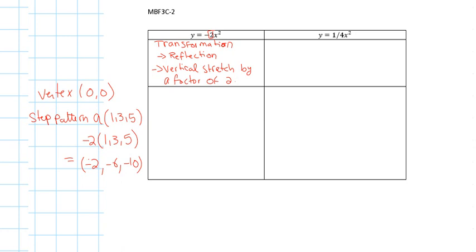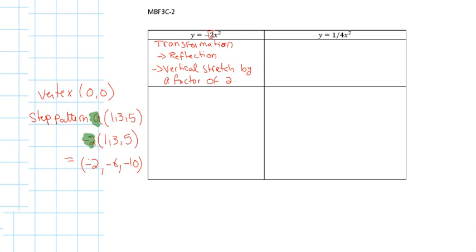I'm going down 10 over 1. So you see that the A value made me go down because I have a reflection, but it also stretched it. So instead of going down 1, I'm going down 2. Let's look at how this is going to look on my graph.